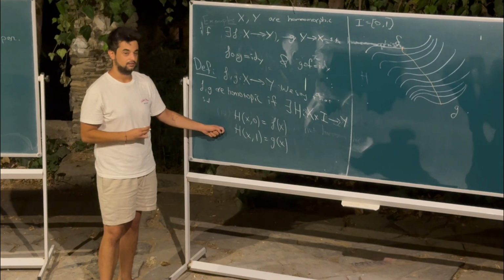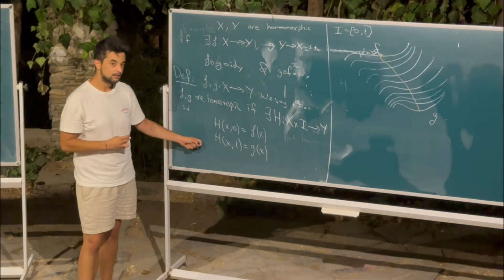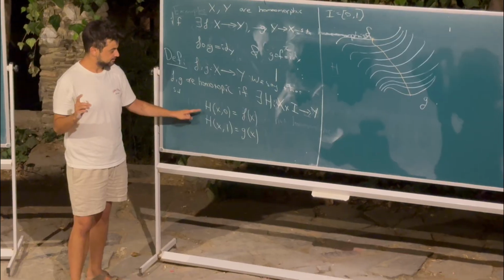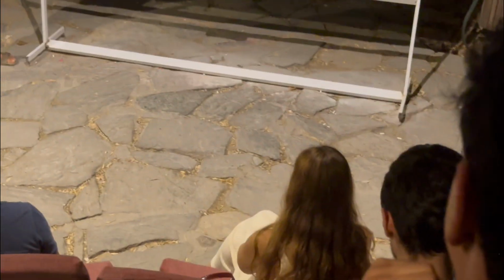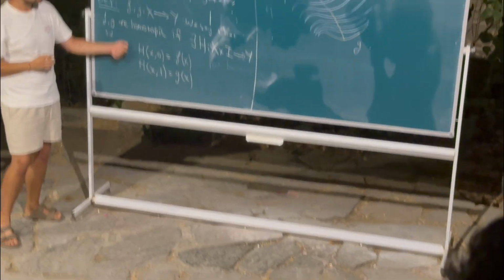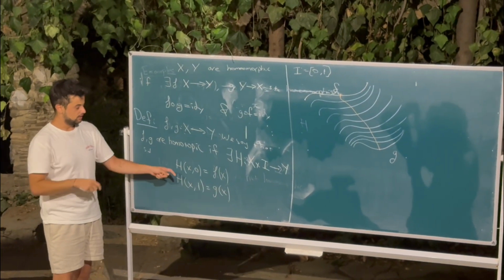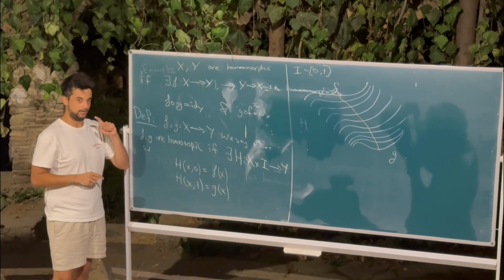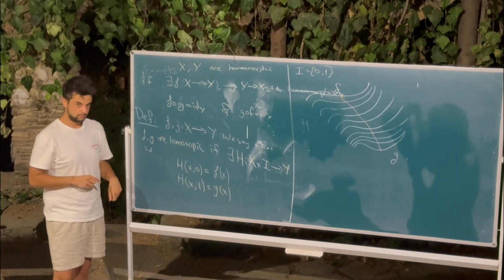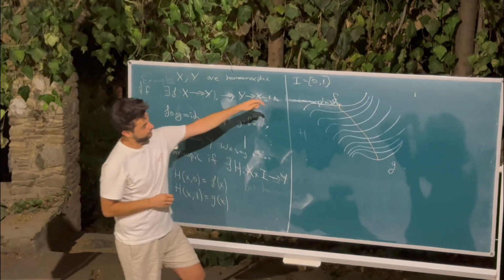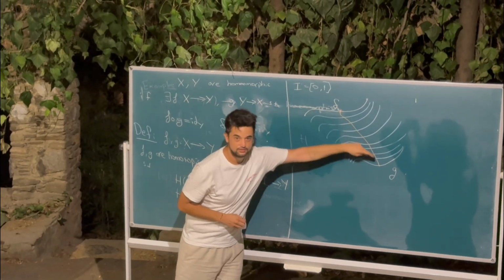Yes, I think it's the same definition. If I understand your question correctly, this is also a family of functions. At each fixed t, I have a function from X to Y. But also for each x I have images. If you fix an x, yes.